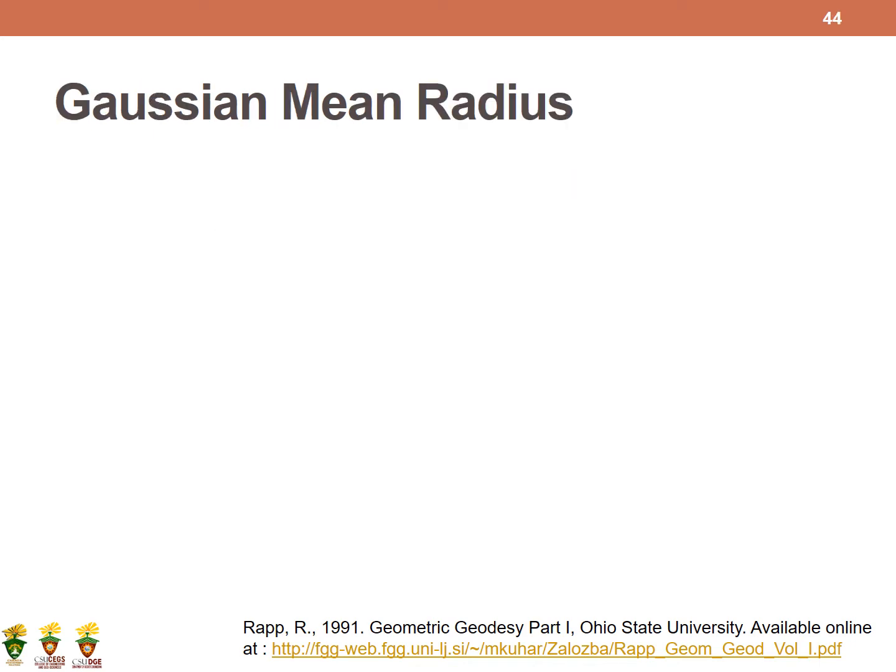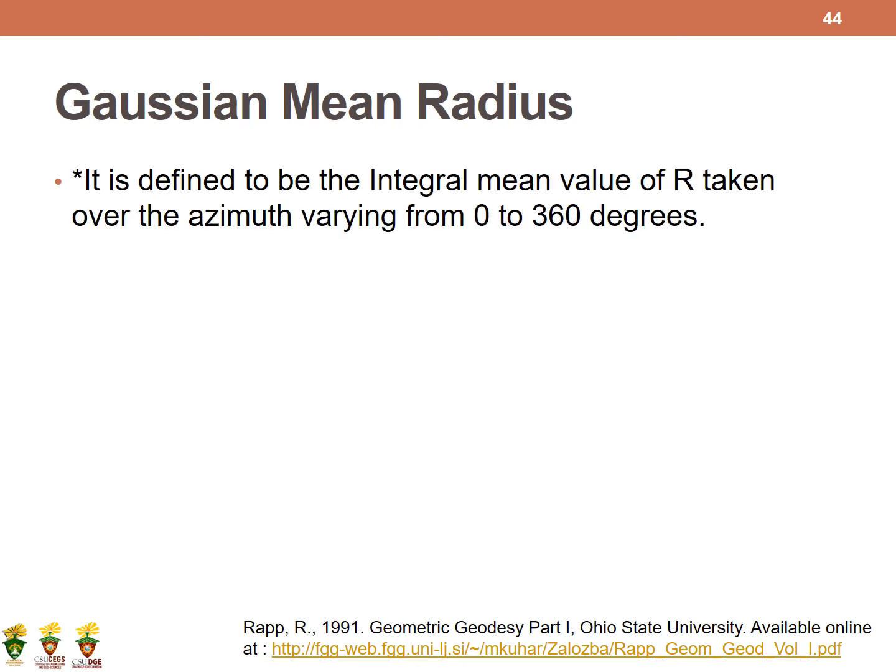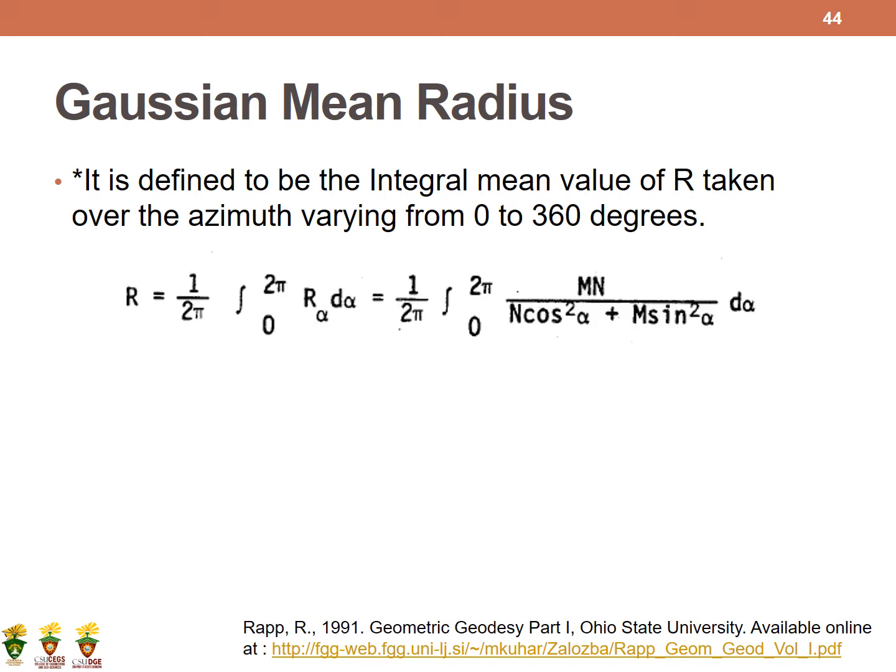So the first radius is the Gaussian mean radius. It is defined to be the integral mean value of r taken over the azimuth varying from 0 to 360 degrees. So again, integral mean value, so iyang i-integrate.